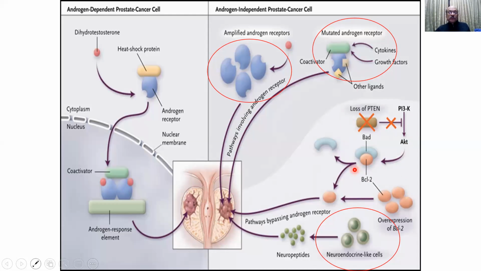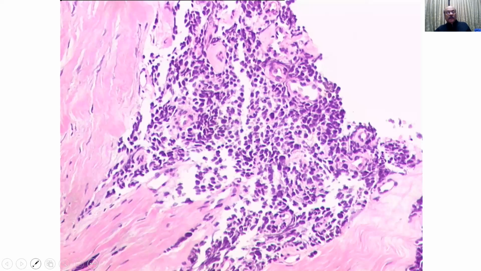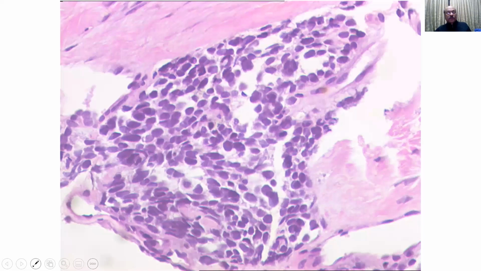So they produce overexpression of BCL2, and they then transform some neuropeptides from the neuroendocrine-like cells, and by bypassing the androgen receptor, they produce prostate cancer. So we get this type of cancer.